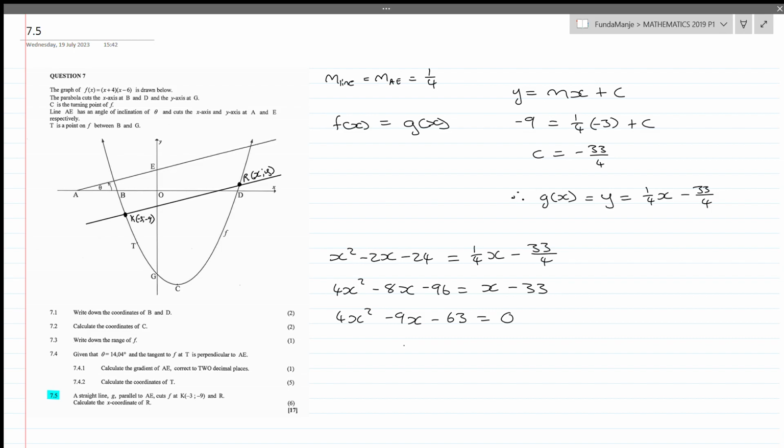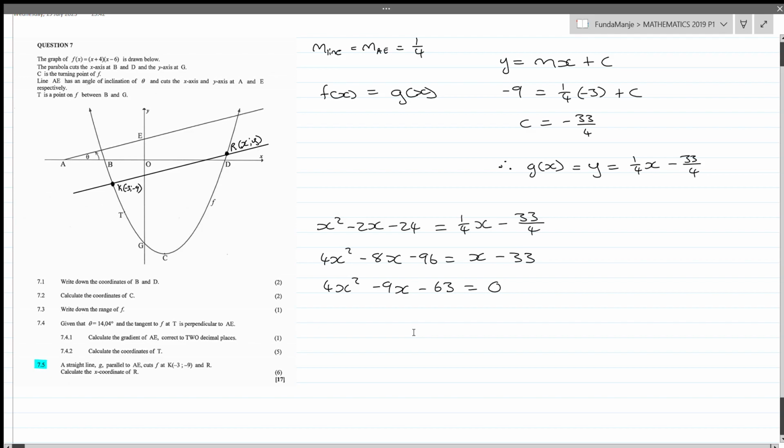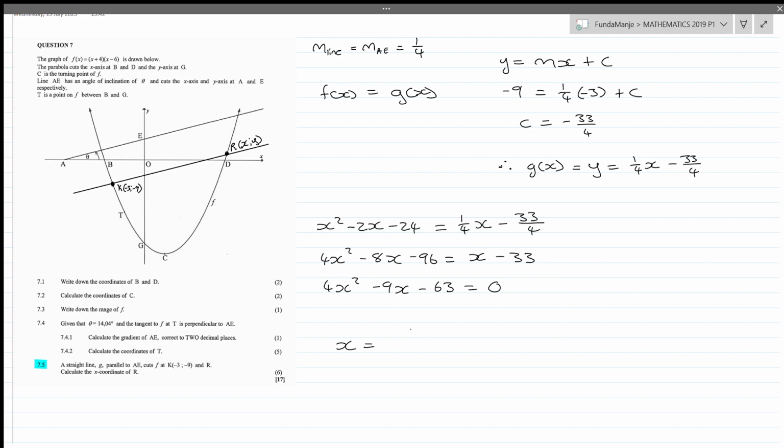Then again, at this point, it's best to use the quadratic formula. So you use x equals negative b plus or minus the square root of b squared minus 4ac, all over 2a. And again, this is your a, this is your b, and that is your c.